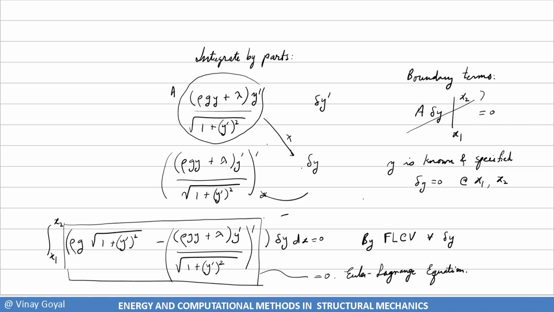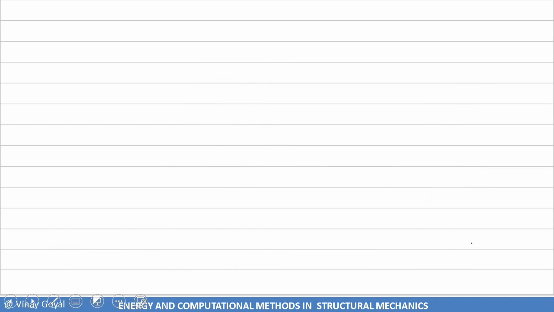It can be solved. You can solve the Euler-Lagrange equation using code, for example Mathematica. When you solve it, you'll find that the shape of the curve is quite simple.